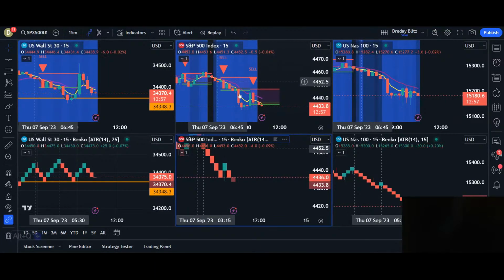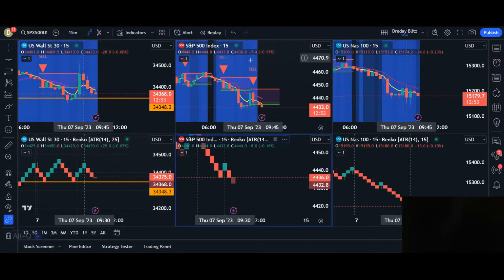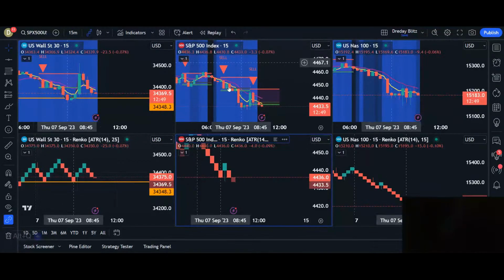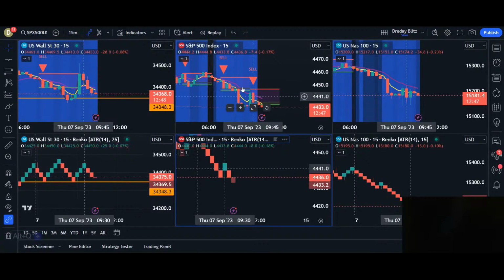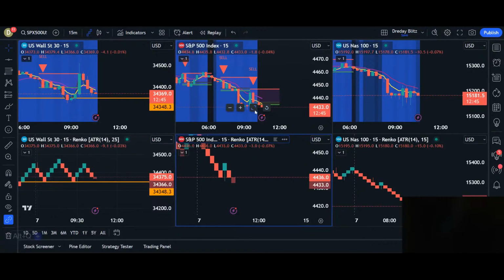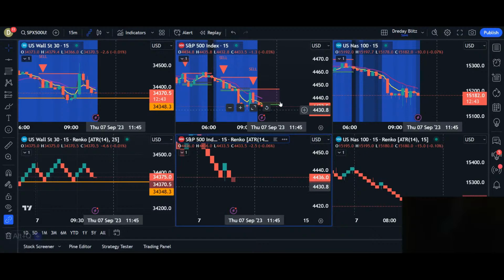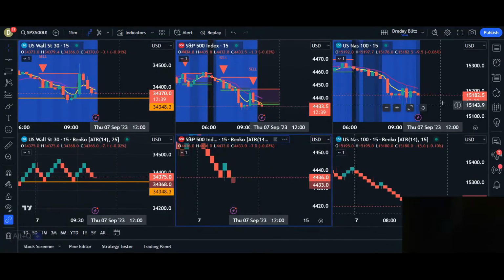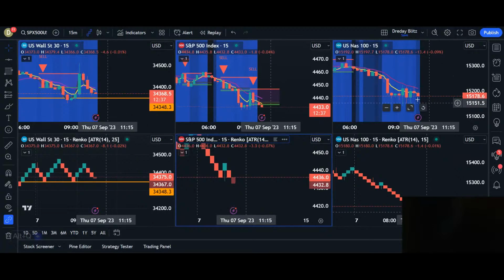When you have a vivid color here, that's the indicator I was talking about at the beginning, showing you there's big momentum in the market. But as you can see, the Nasdaq is almost flat.